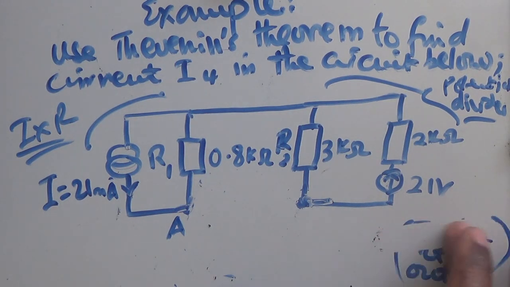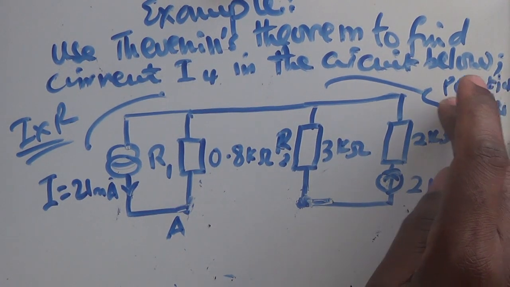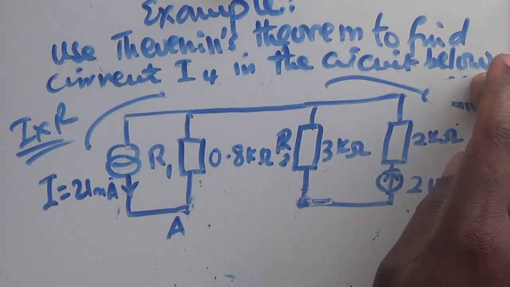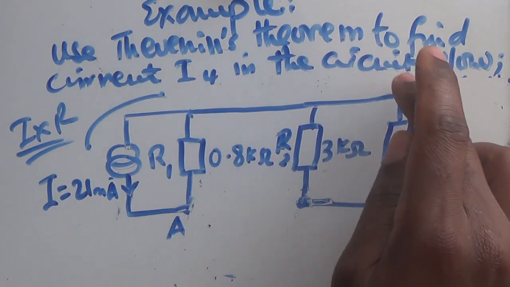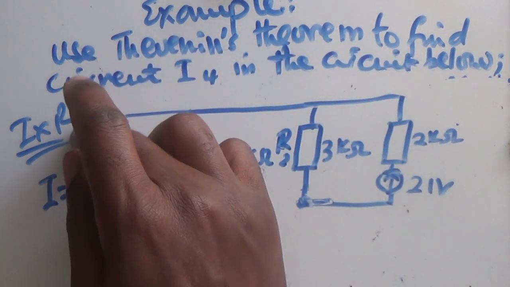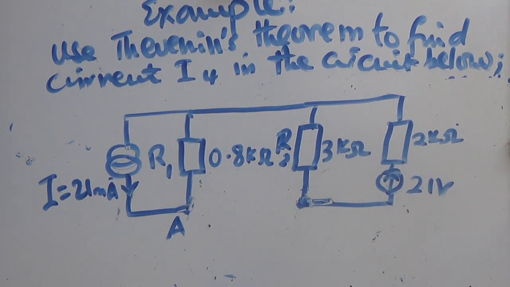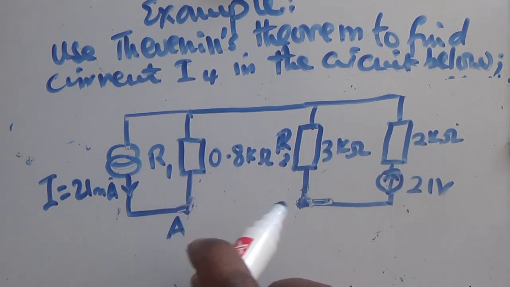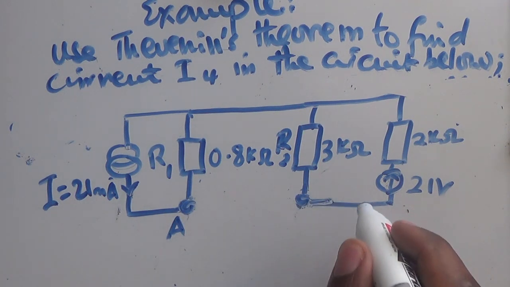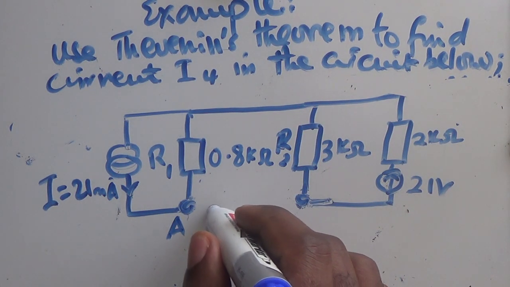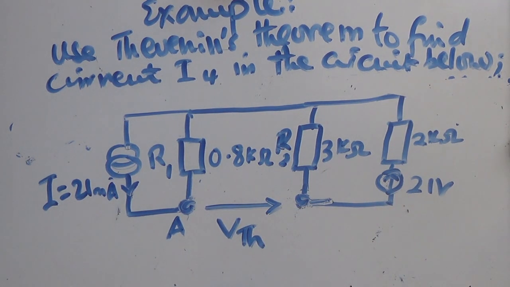So step one, I'm now looking for the potential across AB, which is our Thevenin's voltage. The potential we shall get across here is what we shall get as the VTH.